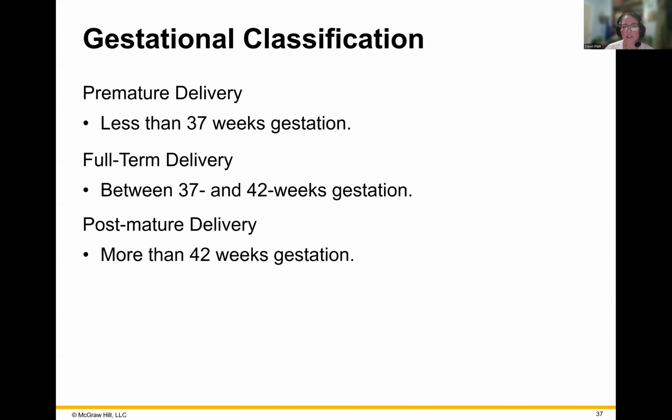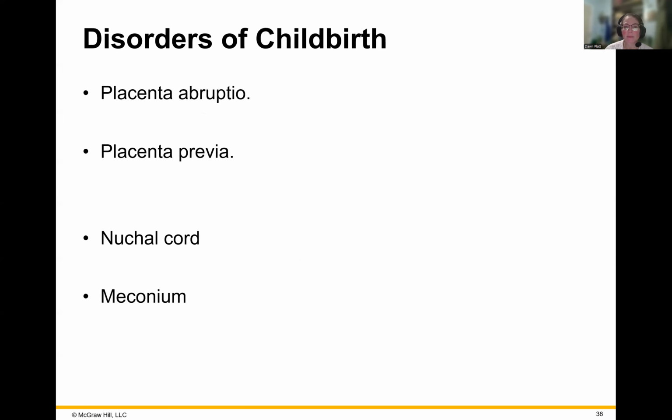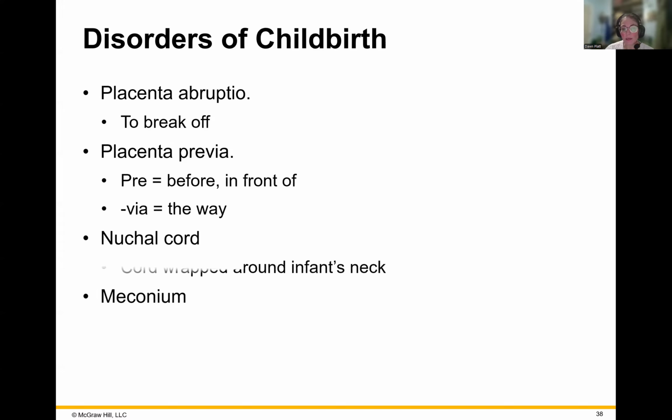Gestational classification: some conditions would be considered a premature delivery, full-term delivery, or post-term delivery, and this has to do with the weeks of gestation. Disorders of childbirth, the act of actually giving birth: placenta abruptio, placenta previa, a nuchal cord, and meconium.